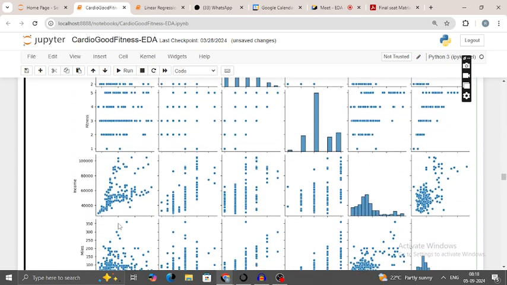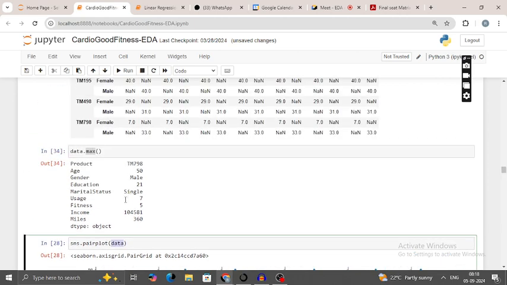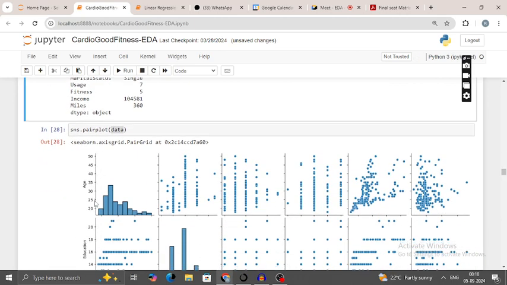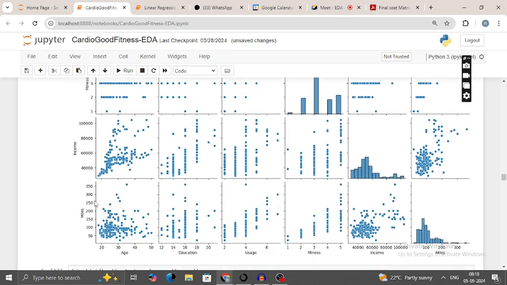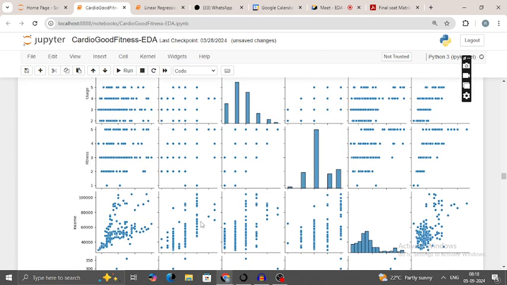It will automatically eliminate the data where there are objects. For example, you have gender, but gender is not there in the pair plot. It will not take it. Automatically it filters and plots, so you get a fair idea.